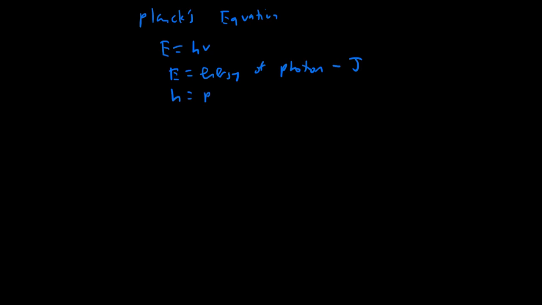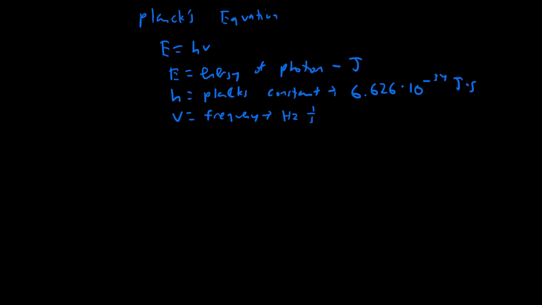H is Planck's constant, which is 6.626 times 10 to the negative 34 joules times seconds. And v is the frequency, which is measured in hertz or 1/seconds.